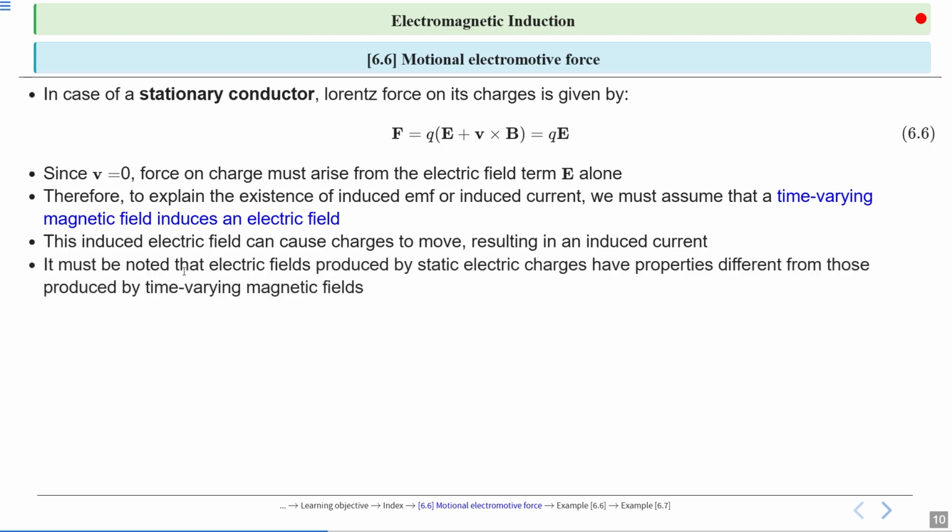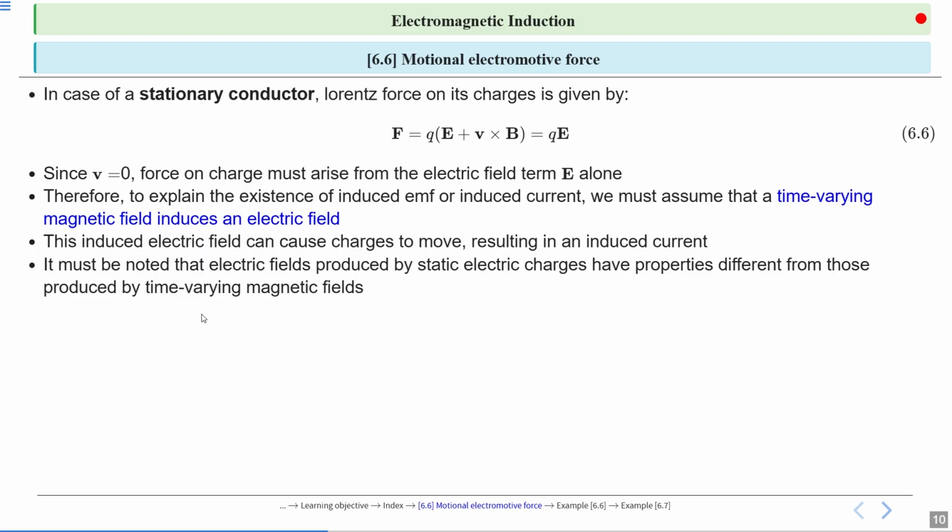It must be noted that electric fields produced by static electric charges have properties different from those produced by a time varying magnetic field. It is a very important point that the induced electric field is different from the electric field that we discussed in electrostatics, in electric charges and fields.